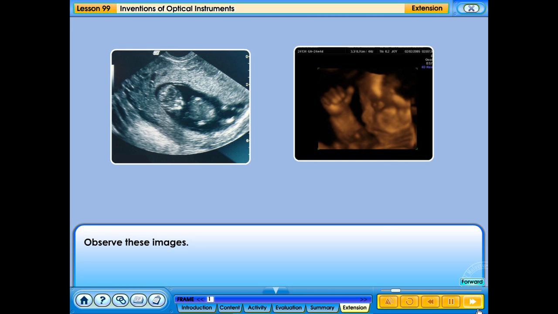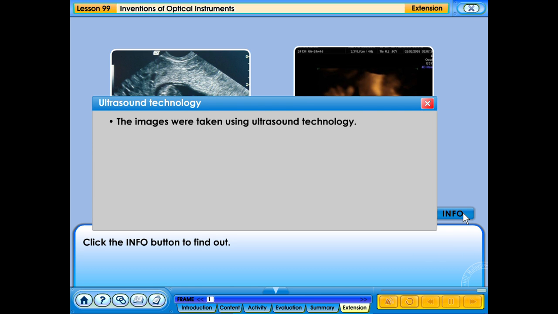Observe these images. Do you know where these images are taken from? What could be the device used to capture these images? Click the info button to find out. The images were taken using ultrasound technology.